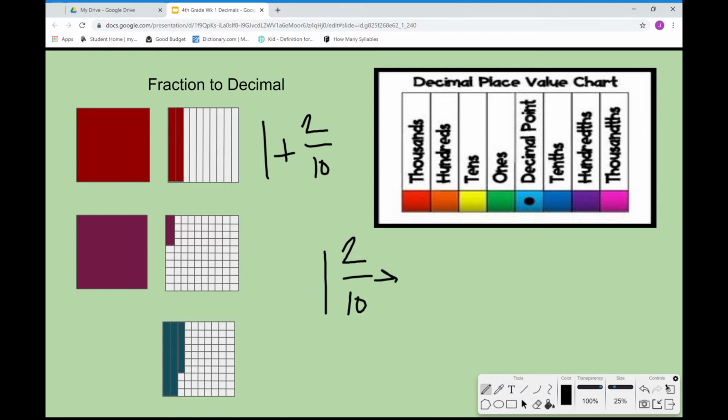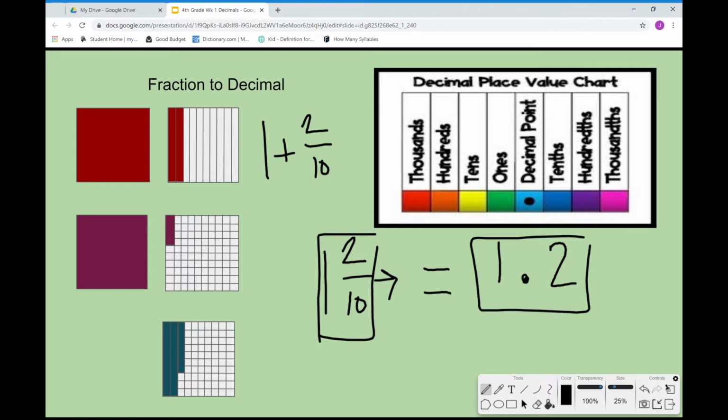Let's convert that to a decimal number. The 1 represents 1 whole, so that goes into the ones place. The 2 represents 2 tenths, so that goes into the tenths place. So we have 1 and 2 tenths equaling 1.2.